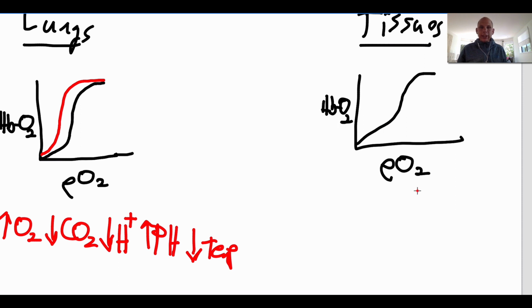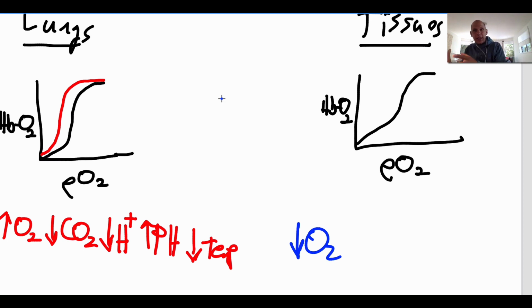Okay. Conversely, in the tissues, we have less O2, because we're not in the lungs. We're at the distal end of those capillaries. And when we have a drop in O2, well, where is that O2 going? That O2 is going into our cells.